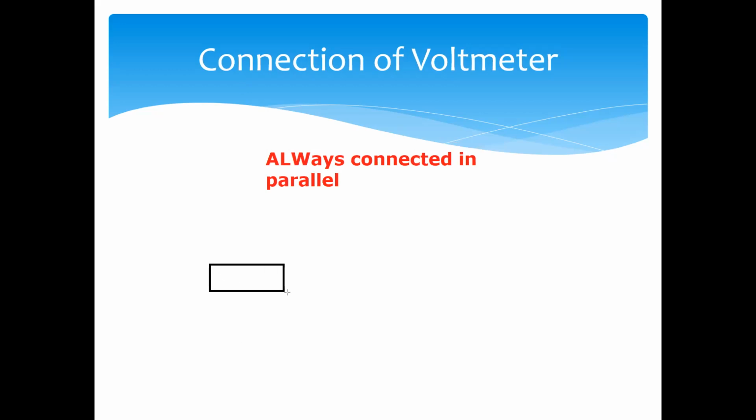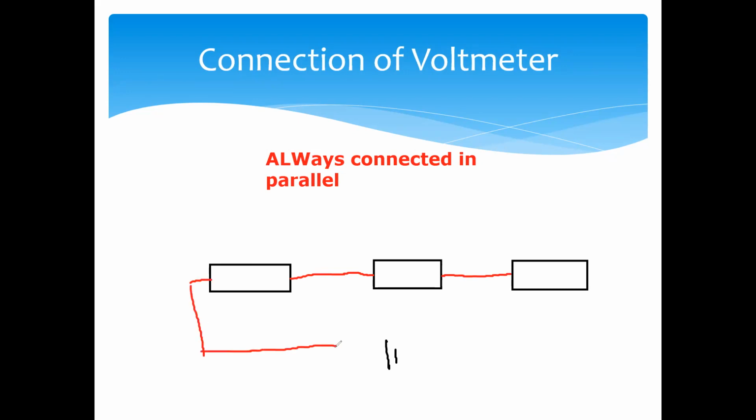Say we have resistors and a battery or a cell. If R1, R2 and R3 are the three resistors and we want to measure the voltage across R1, we connect the voltmeter across R1.